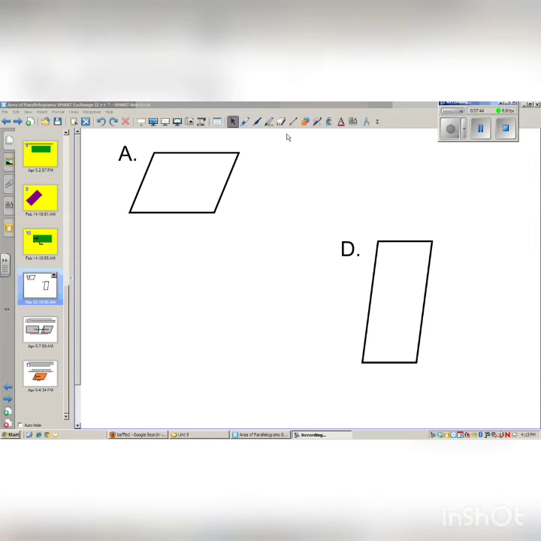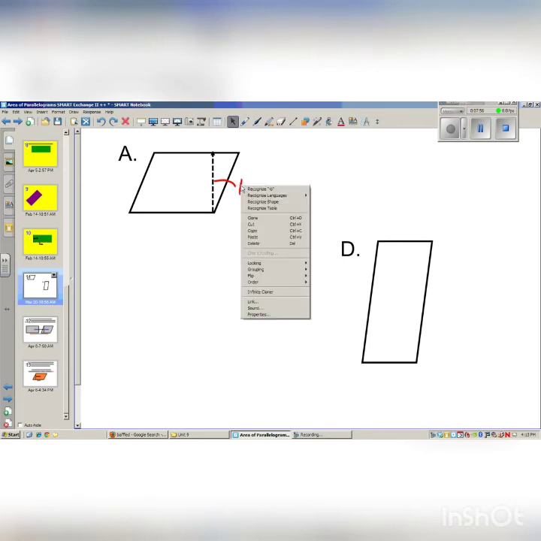Okay, so I'm going to draw in a height line on this one, letter A. And it's right here. So this is our height line, and I'm going to say that it's 6 meters. And here, right here, is our base line, and I'm going to say that it's 7 meters.